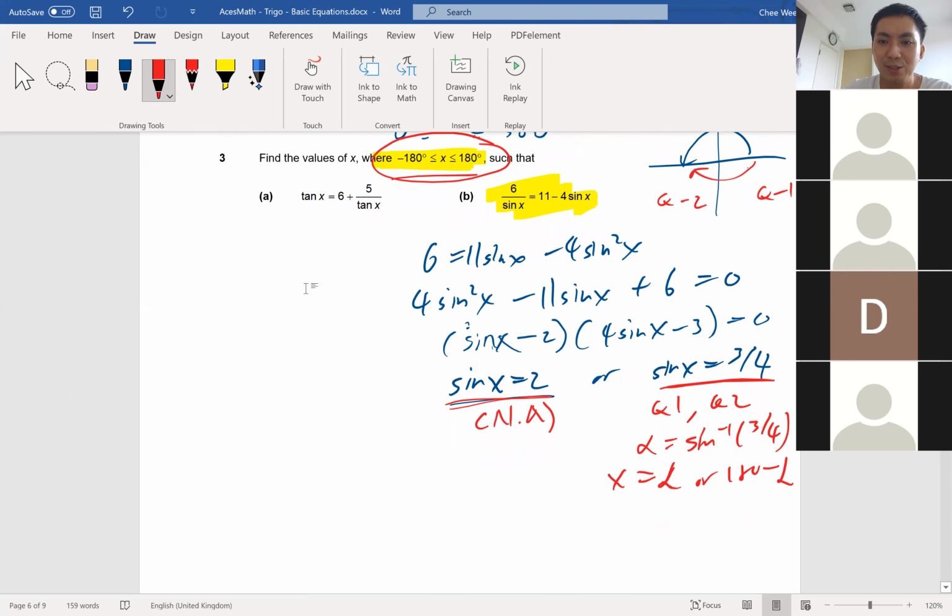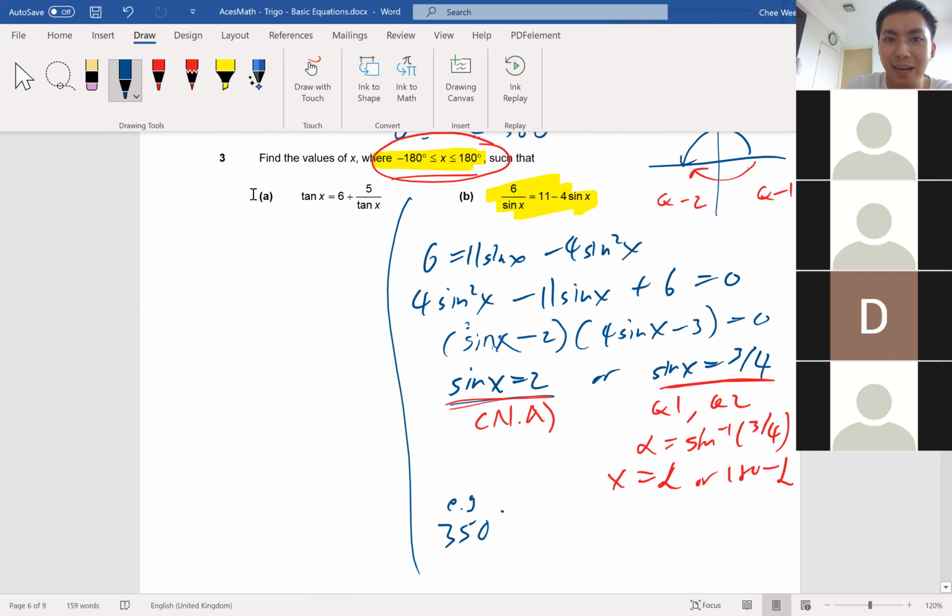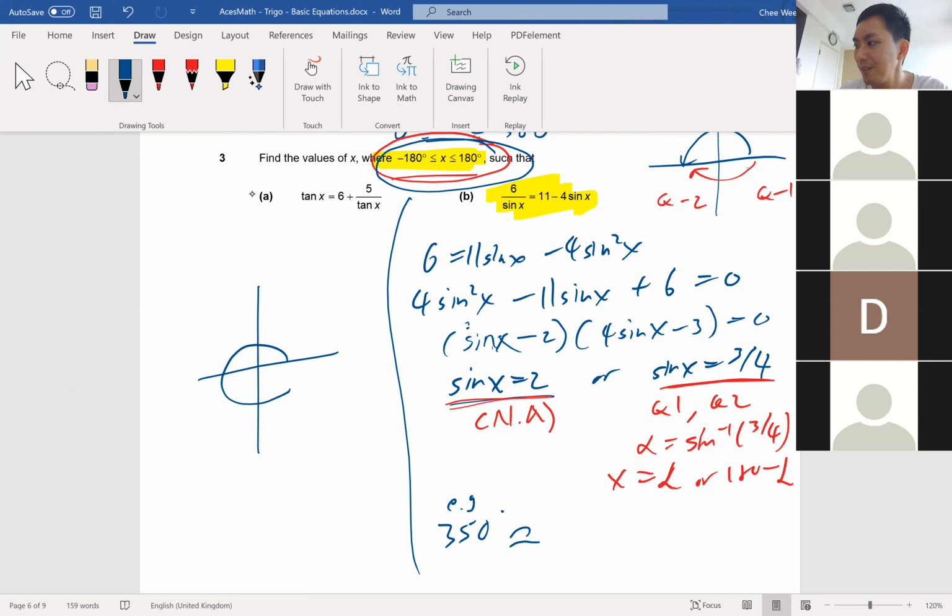But what I'm trying to say in this question is if my answer was, let's say, 350 degrees, for example, 350 degrees would not be an accepted answer under the domain prescribed by the question, which means that I need to rewrite it into its negative form. So, Yanis, 350 degrees, what do you think is the negative version? -10.